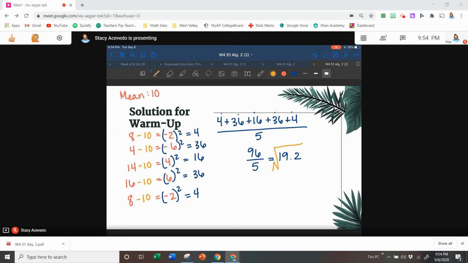So when we square root this value, 19.2, you should end up with the standard deviation 4.38. Or you can approximate it to the 10th place, and that would be 4.4.